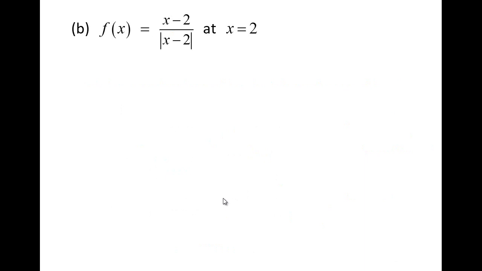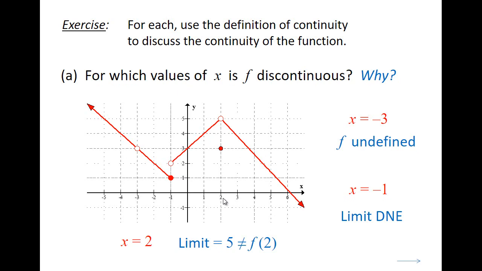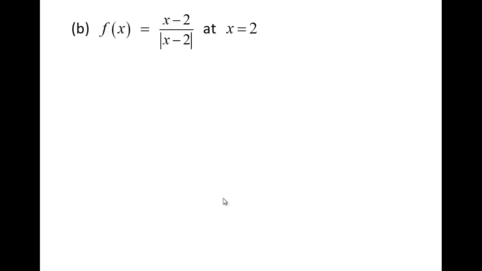All right, let's look at the function f of x is equal to x minus 2 over the absolute value of x minus 2. So what we want to know is whether this function is continuous at x is equal to 2.